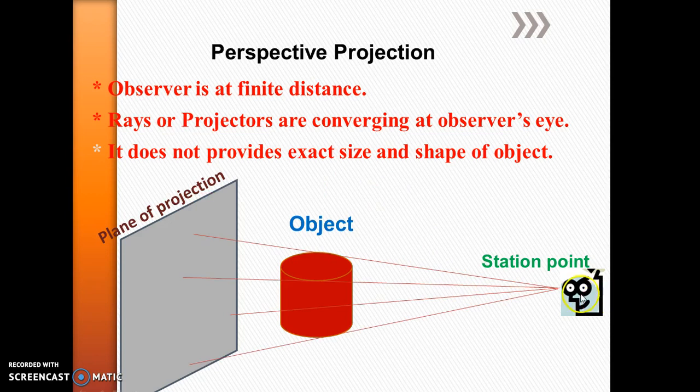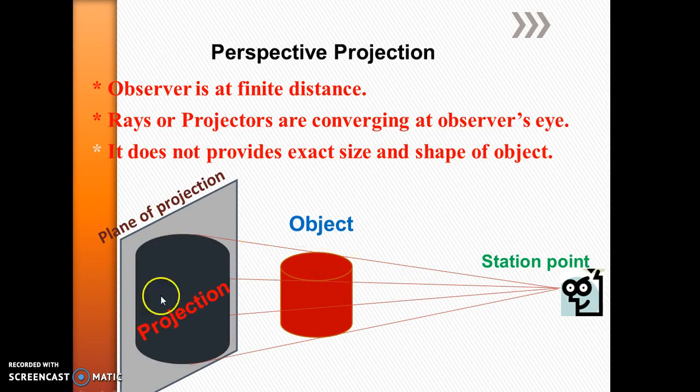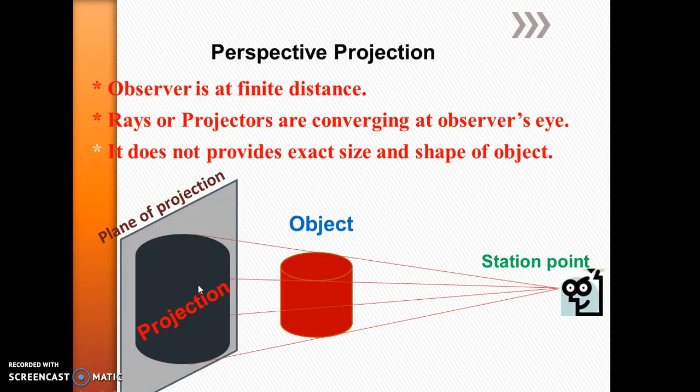When we see from this side, the projector rays pass through the object onto this wall, and this is the shadow, or the projection. It does not provide the exact size and shape of the object. Here this shadow looks bigger than the object, hence it is called perspective projection. The projector rays converge at the observer's eye.